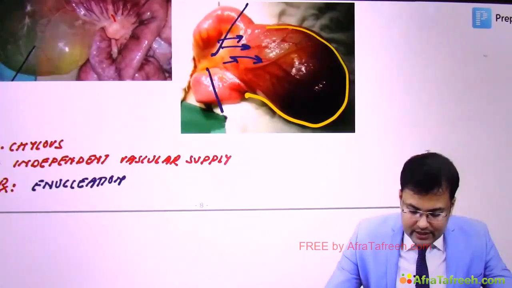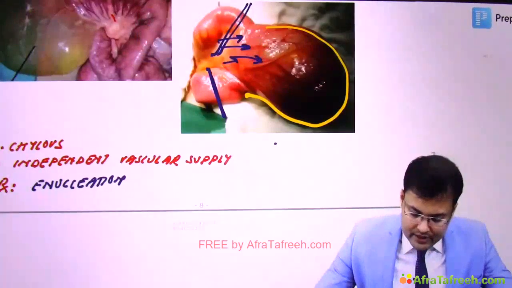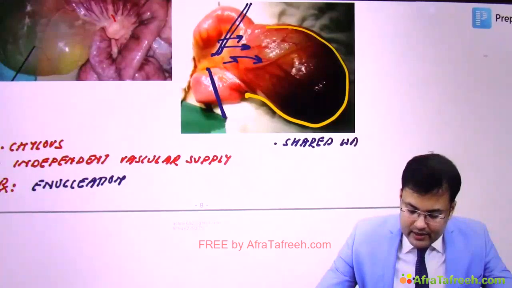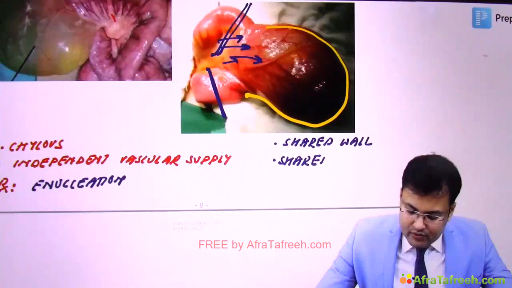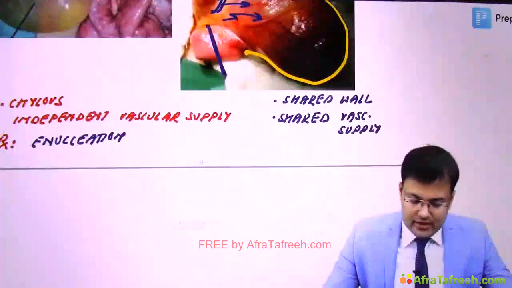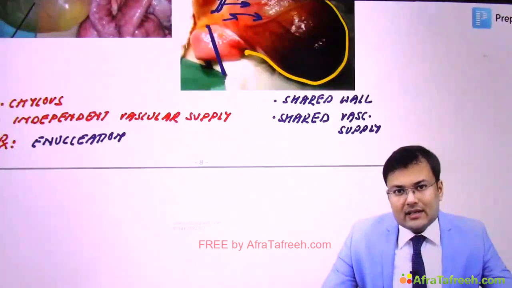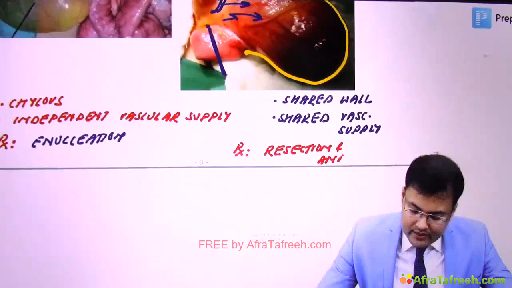That's why in these cases we perform resection and anastomosis. So the problem here is shared wall and shared vascular supply. Since there is shared wall and shared vascular supply, how are we going to treat it? The treatment is resection and anastomosis. Clear?